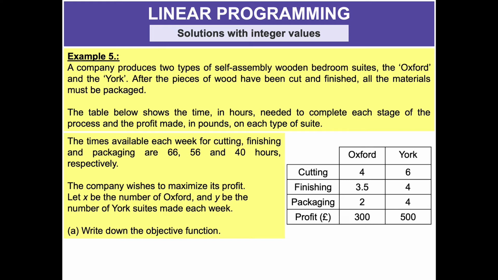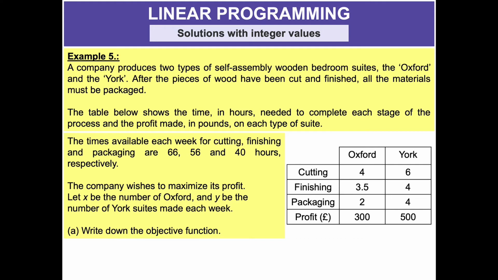So in this case, we have a company that produces 2 types of wooden bedroom suites, Oxford and York, and after the pieces of wood have been cut and finished, all the materials must be packaged. The table shows the time in hours that is needed to complete each part of the process, cutting, finishing and packaging, and the time available each week is 66, 56 and 40 hours respectively.